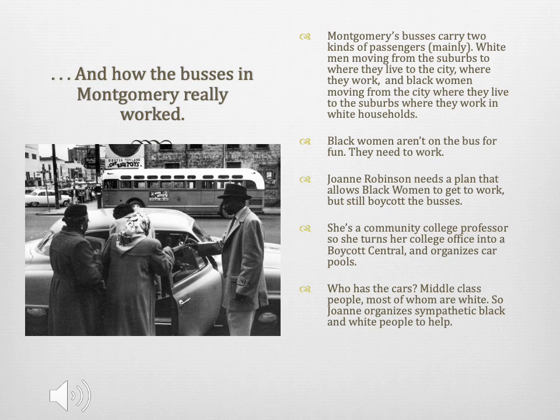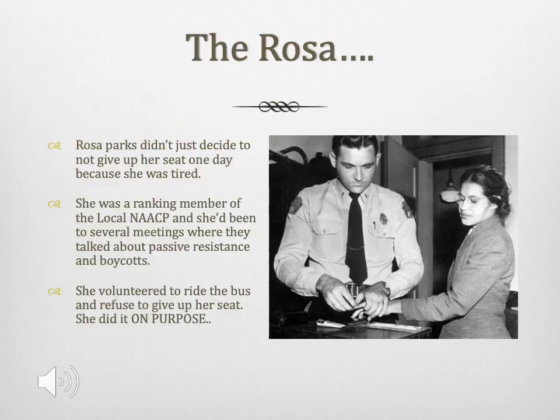At that moment, then, you've got a thing. And you can say, okay, we got a system to get these people to work. Let's have a boycott. So let's see what happens next.